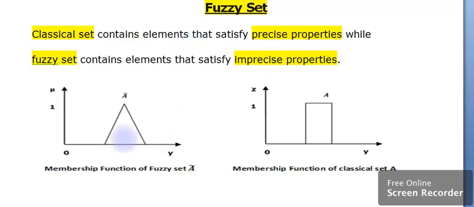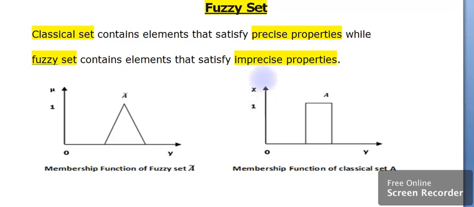Okay. So next, the graphical representation of classical set and fuzzy set. First see this classical set. If it is a classical set, the value of the membership function of x, we are calling it chi.